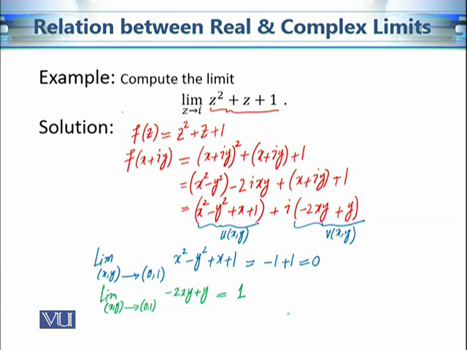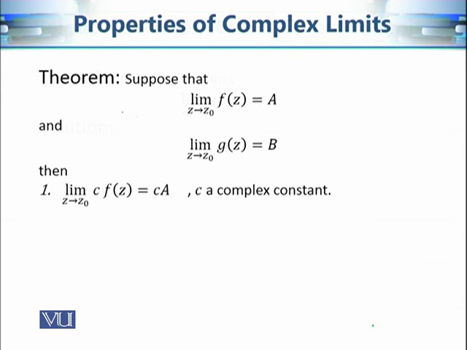Now using these two limits and the connection between the limits of complex valued functions and the limits of real valued functions, we can easily say that the limit as z approaches iota of f of z is equal to iota, because this is the limit of v, so there should be iota and it is 1. The limit of u of (x,y) is 0. That's how we use these properties to calculate the limits of complex valued functions.